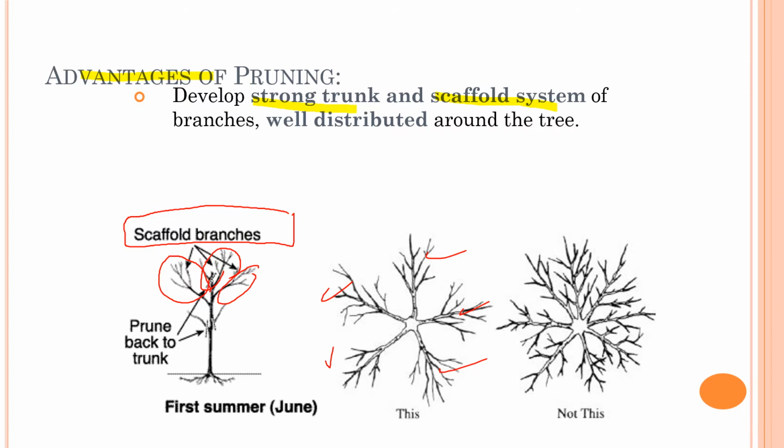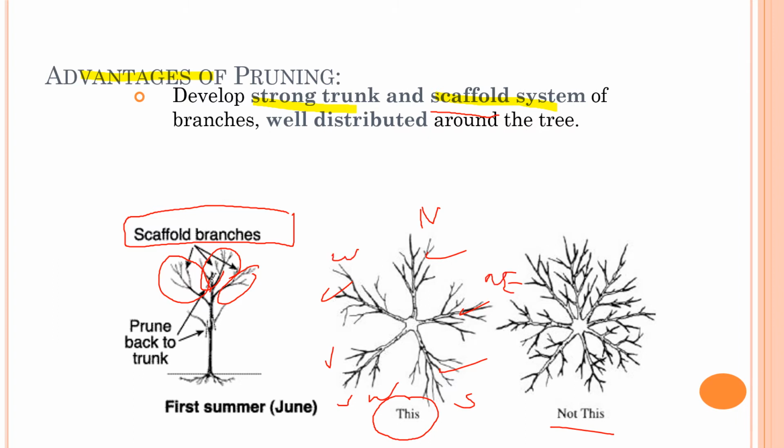In Arabic, it's called hayakil. That's a scaffold, just like when you do construction work, you have a scaffold system. This is the same thing. So this is a scaffolding system that has been pruned. This is not. That's the difference. Now you want to have the branches all around the tree, in the north, in the south, southwest, northeast, or the west.